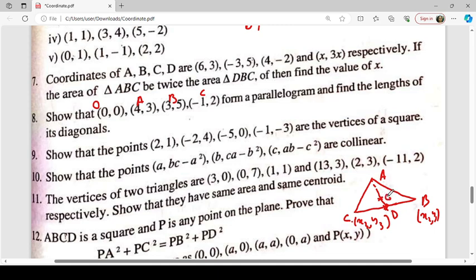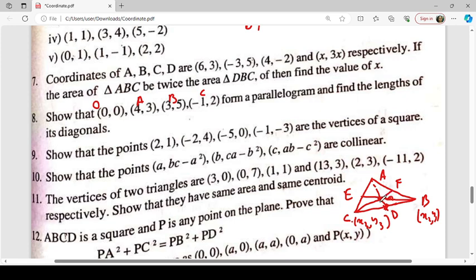So this Z is the centroid. Z divides the median in the ratio 2:1, meaning AZ is to DZ is equal to 2:1. CF is also a median, so Z divides CF in the ratio 2:1. Similarly BE, Z divides this in the ratio 2:1.